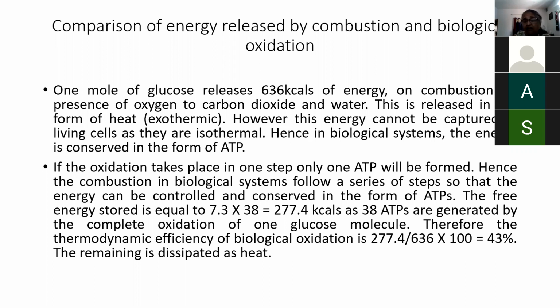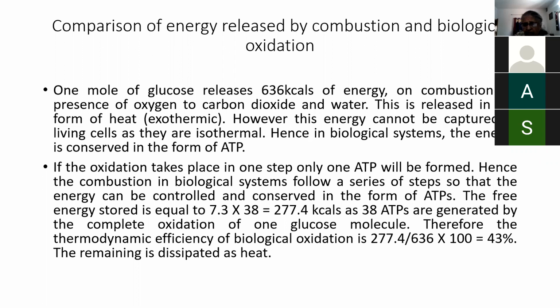And if it is converted into ATP instead of heat, then the amount of energy that we are getting will be very, very small. Therefore, in a biological system, the same combustion happens in a series of steps, so that in each and every step, energy can be conserved.